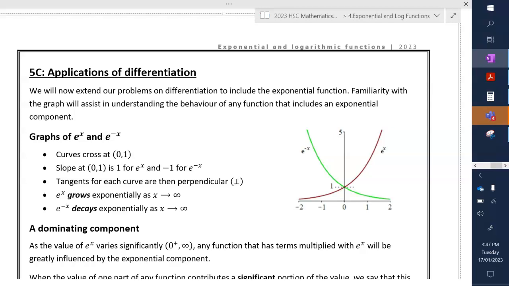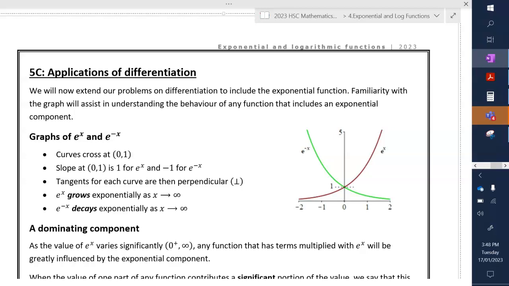So e to the 0 would be 1, so that would give us our gradient at this point. Likewise, if we were to differentiate e to the minus x, we'd get minus e to the minus x, and at x equals 0, we would find that our value would be minus 1. So we'd get a gradient of a tangent.